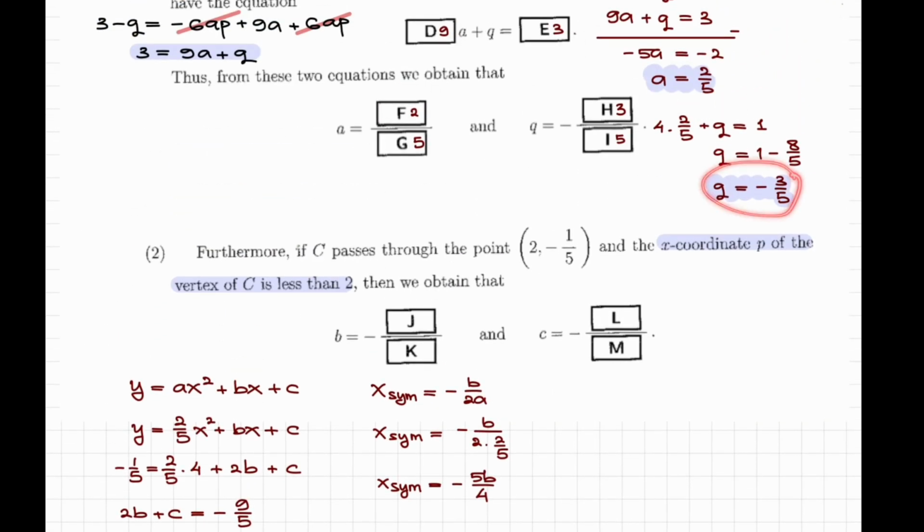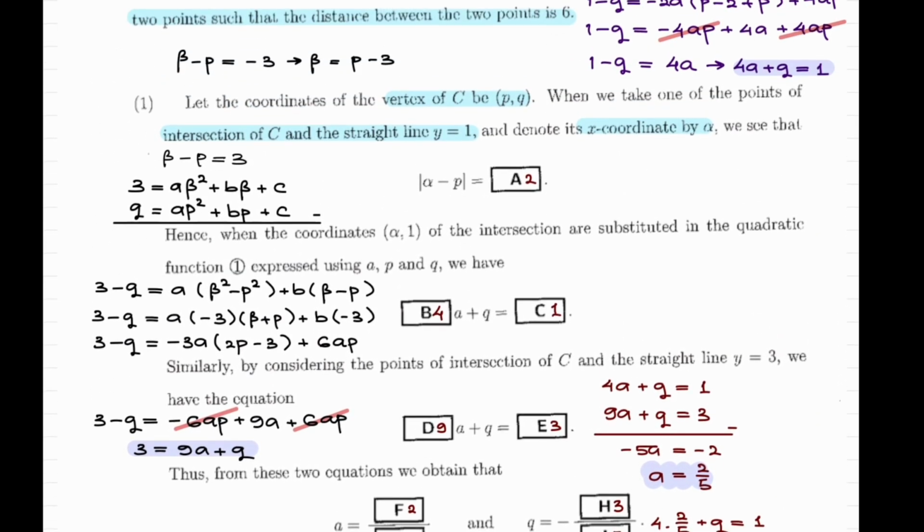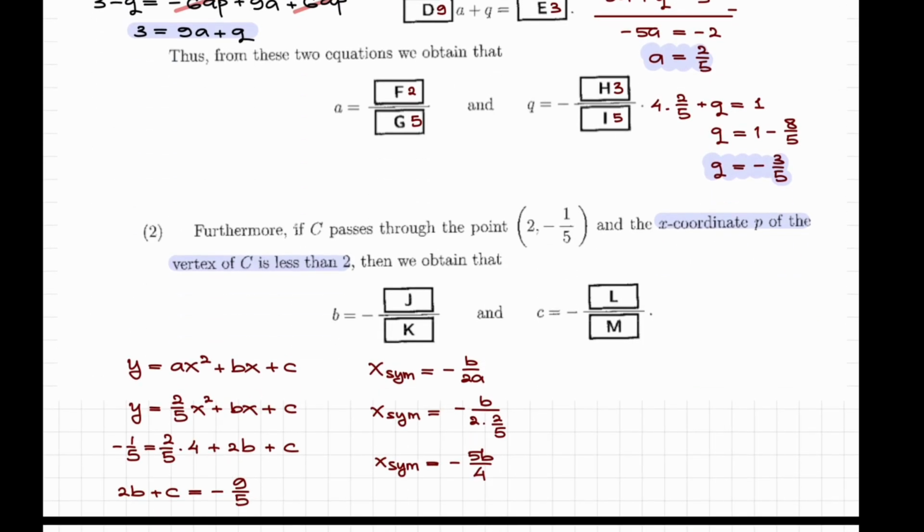We already know q. You need to remember, yeah, q is the y coordinate of the vertex. So if I substitute the x coordinate of the vertex, then I will obtain the y coordinate, which is -3/5.